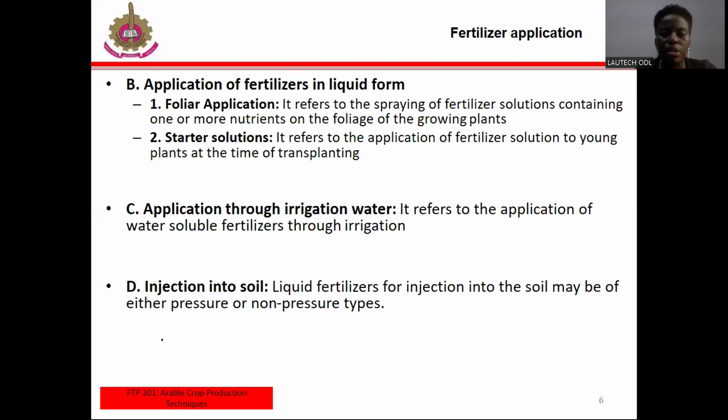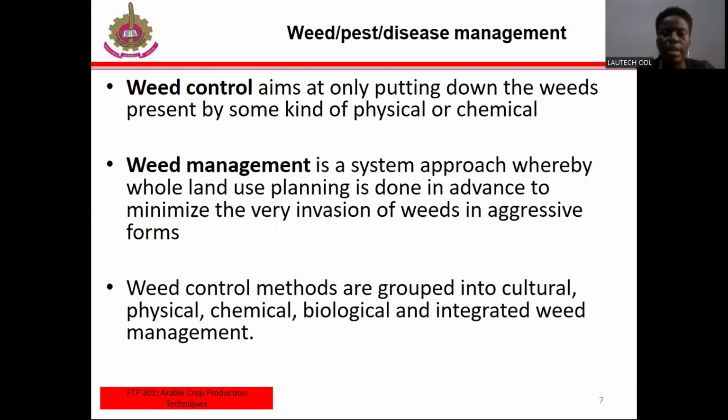Then other methods has to do with the application through irrigation water. It refers to the application of water-soluble fertilizers through irrigation. Then the fourth method is the injection into the soil. The liquid fertilizers for injection into the soil may be of either pressure or the non-pressure types.